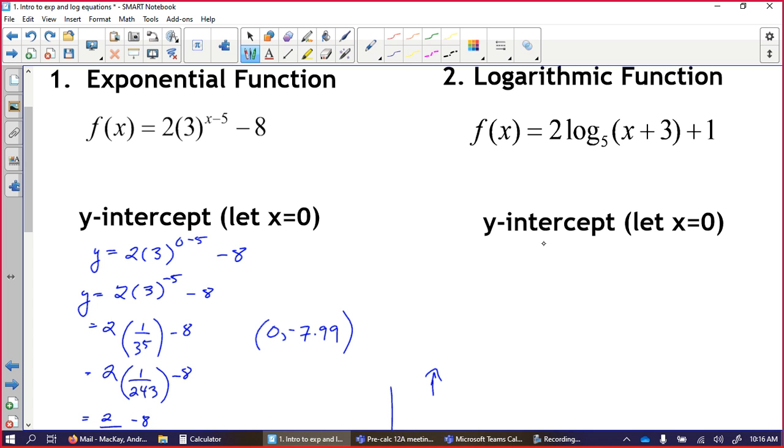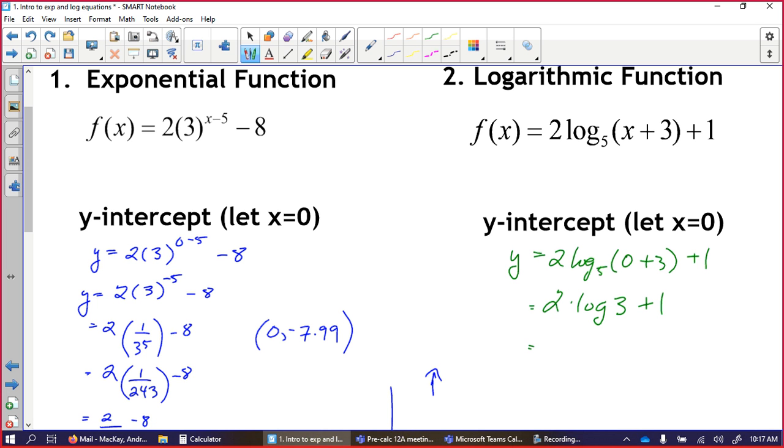Same idea with logs. And once we do these two, we'll kind of finish. Well, let's do it in a different color for fun. y equals 2 log base 5 of x plus 3, plus 1. Let x equal 0. So 2 log base 5 of 3, plus 1.